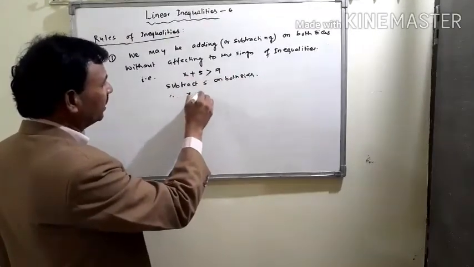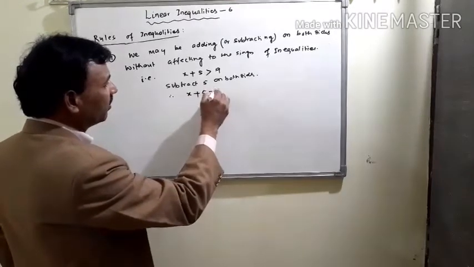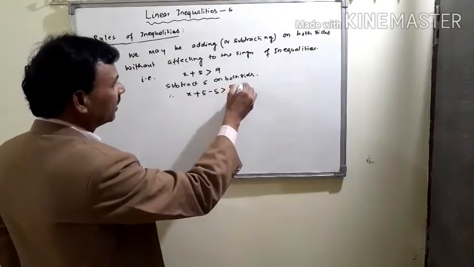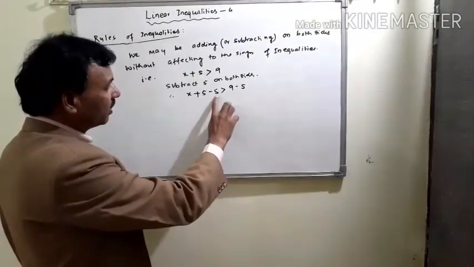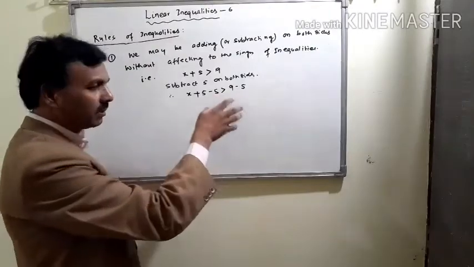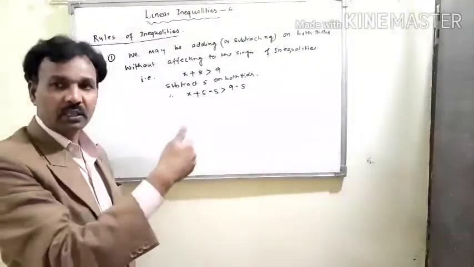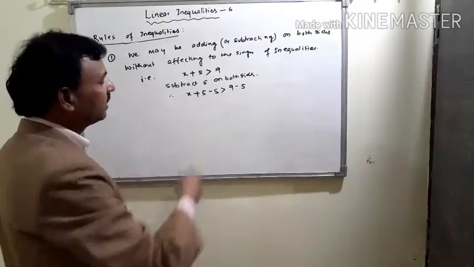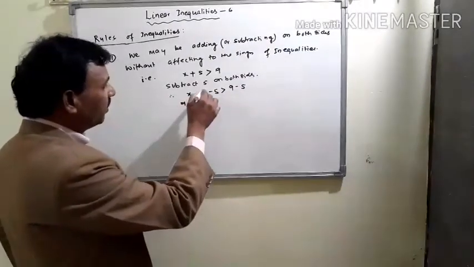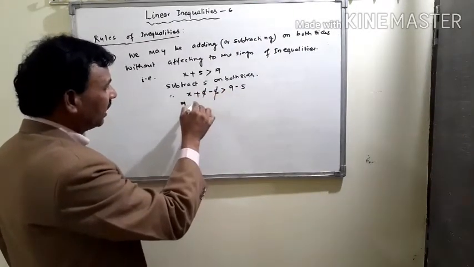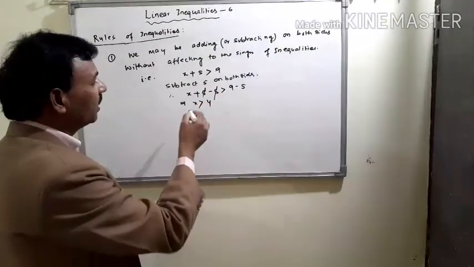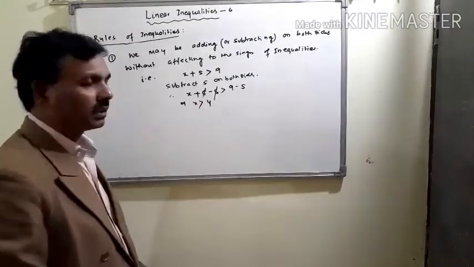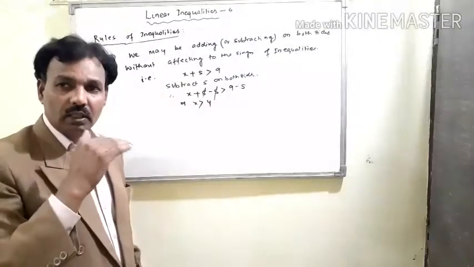Therefore, x plus 5 minus 5 is greater than 9 minus 5. Here the 5 and 5 cancel, and x is greater than 9 minus 5, which is 4. That means the solution is all numbers greater than 4.